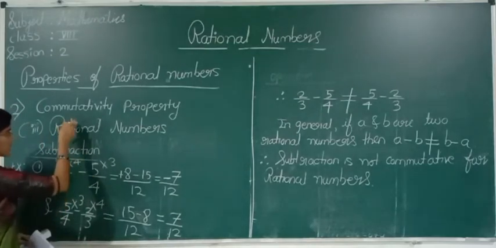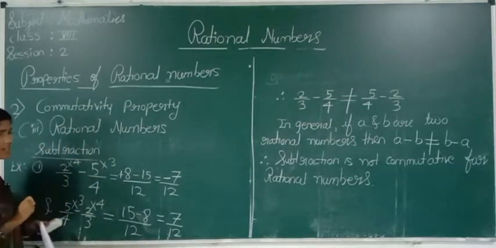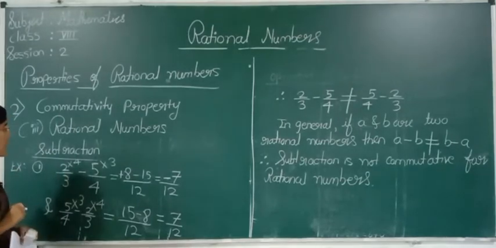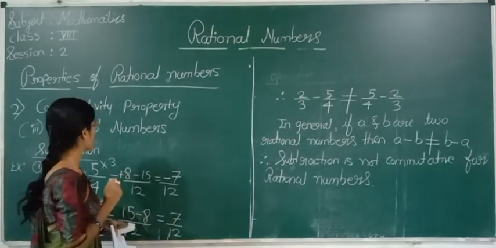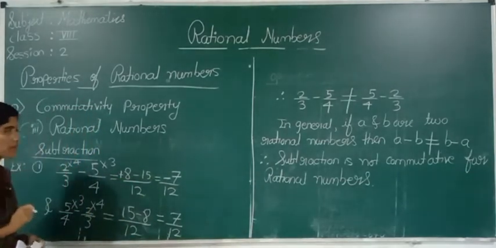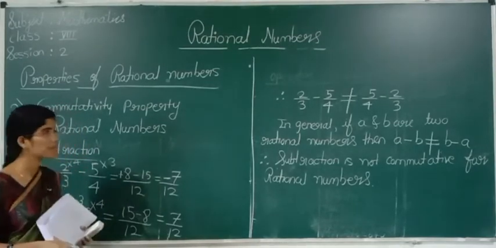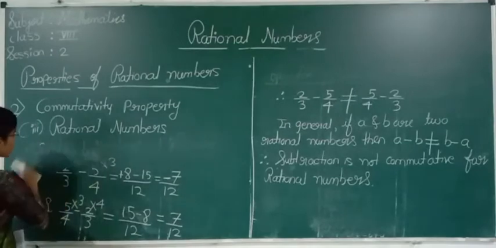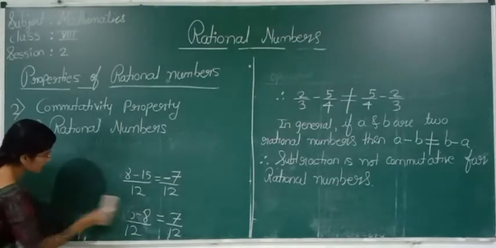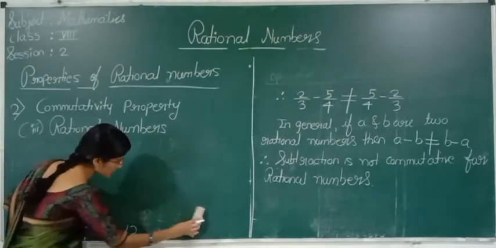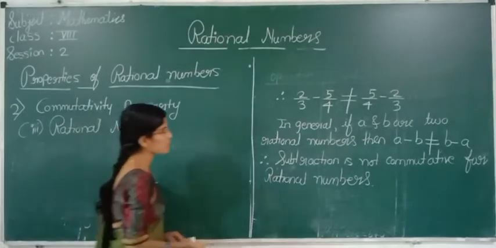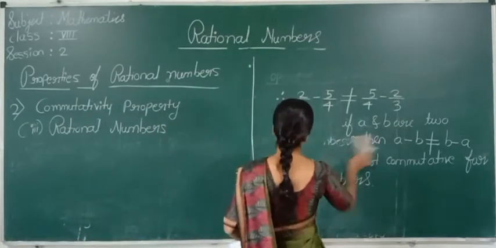We saw addition for rational numbers, right? Addition is commutative for rational numbers, but subtraction is not. Now, in the same way, we will see for multiplication, whether multiplication is commutative for rational numbers or not.